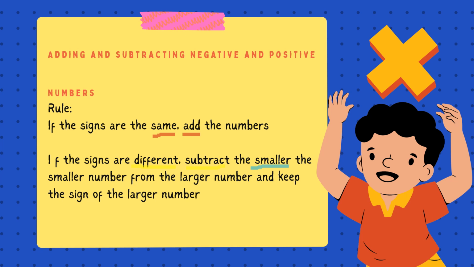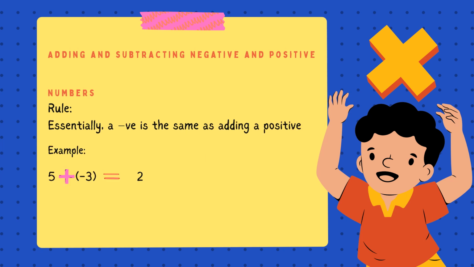If the signs are different, subtract the smaller from the larger number and keep the sign of the larger number. So essentially, subtracting a negative is the same as adding a positive, right?